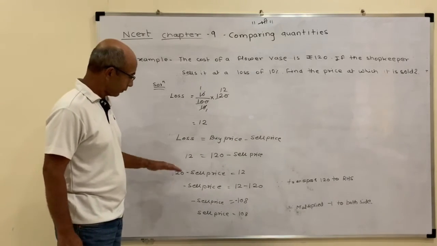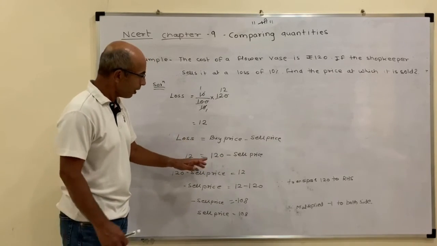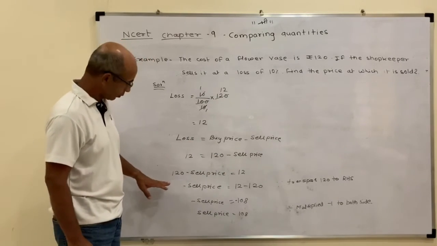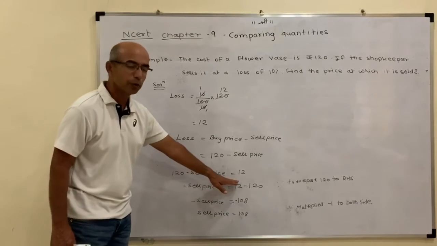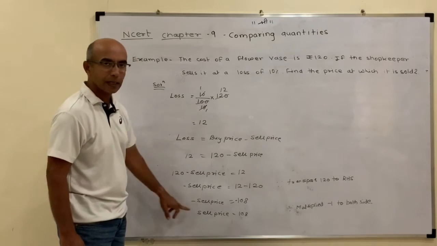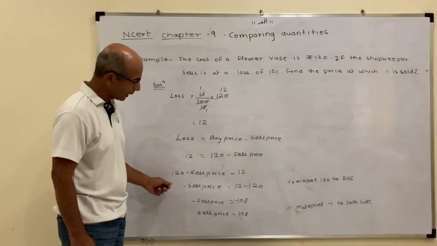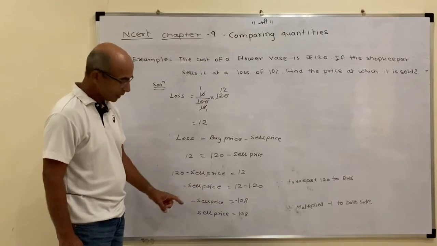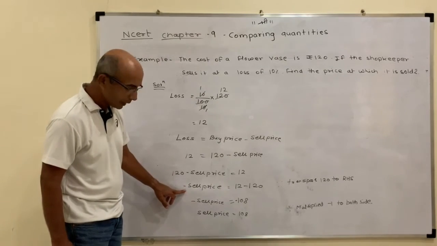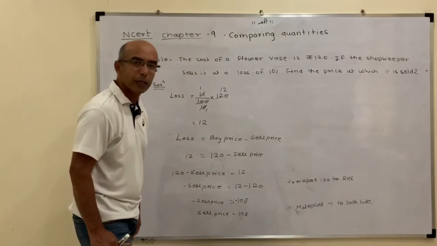Loss is negative, so 120 minus sale price equals 12. This 120 I transpose from the left hand side to the right hand side. Since 120 is positive, when I transpose it, it becomes negative. So minus sale price is equal to 12 minus 120.